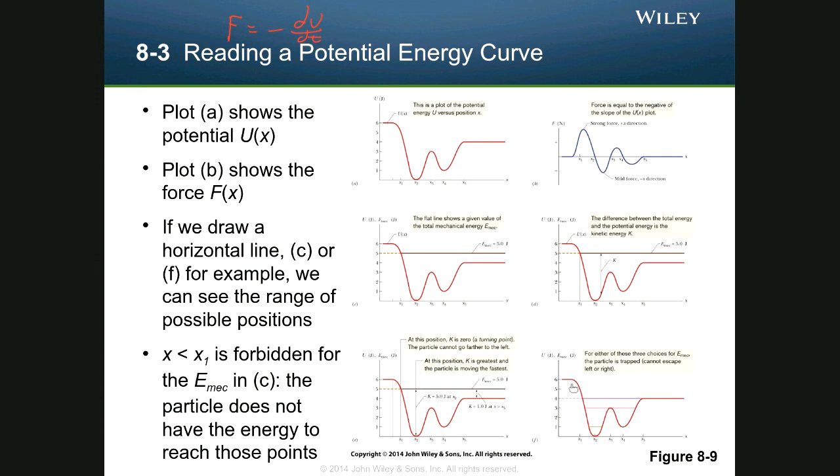These are forbidden regions. Basically anything above or beyond, the particle can't be past these points in the energy, and these are turning points. But you'll notice that you can get the kinetic energy by subtracting the potential from the total line, that's E_mec minus whatever the potential is.